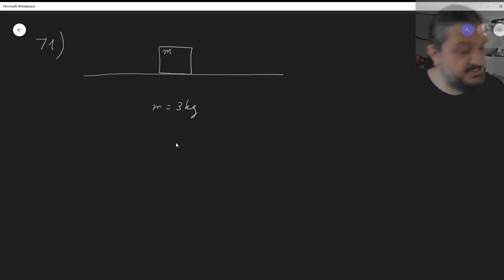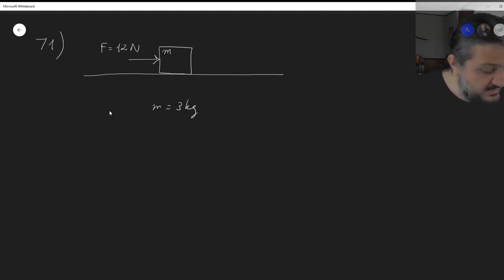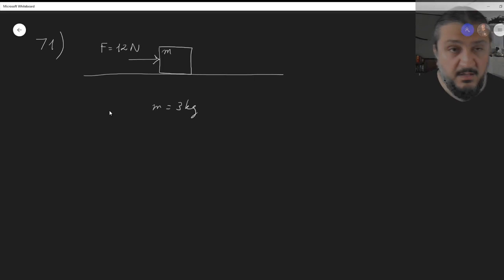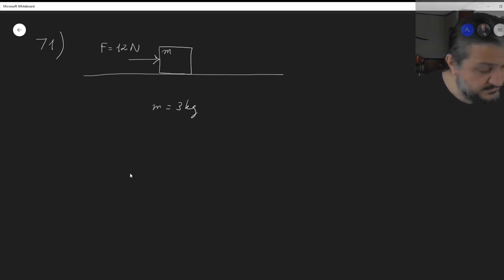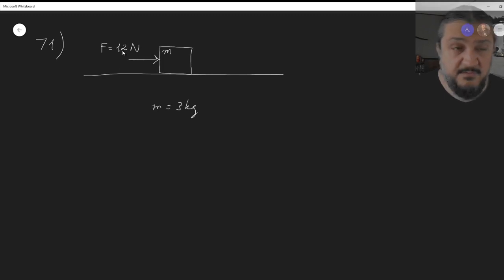If you push horizontally on the 3 kilogram block with a force of 12 newtons, F 12 newtons, horizontal, it just starts to move. So any force less than 12 would not be enough to move it. That's how I understand it.